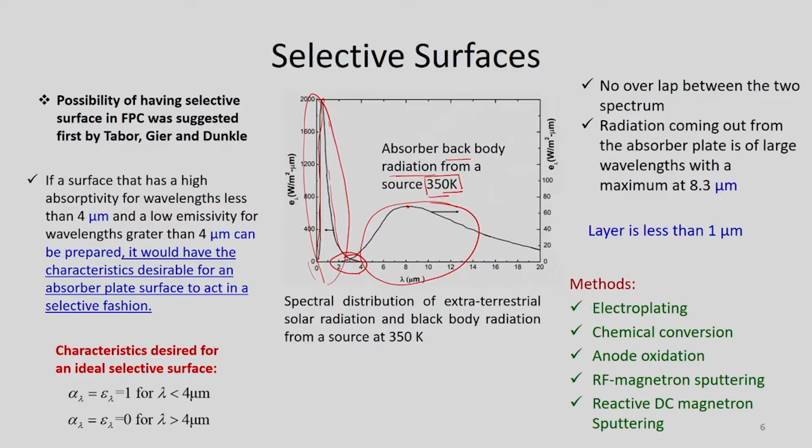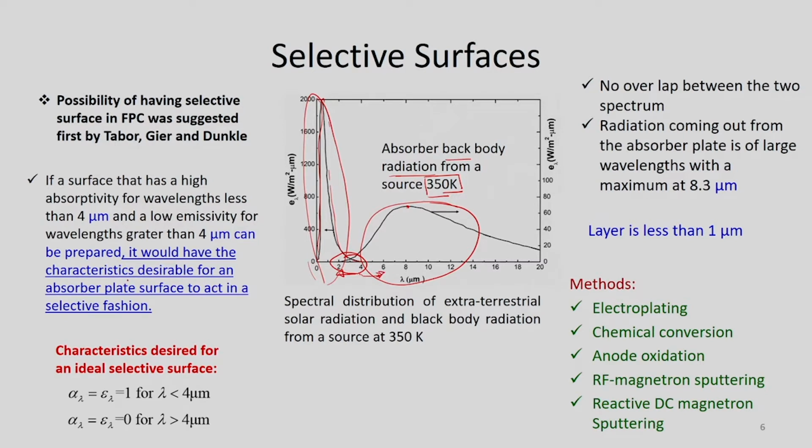So, what can we comment on it? If a surface has a high absorptivity for wavelength less than 4 micron, and this side is more than 4 micron, and low emissivity for wavelength greater than 4 micron, it can be prepared.